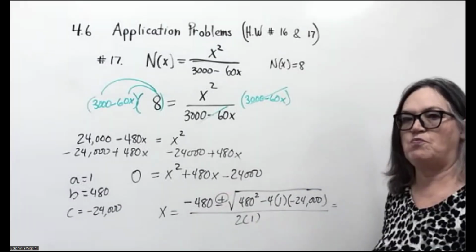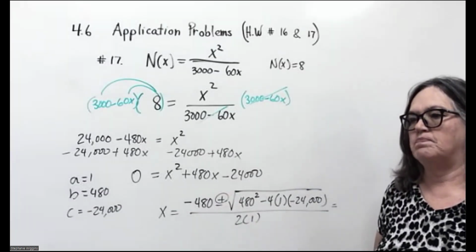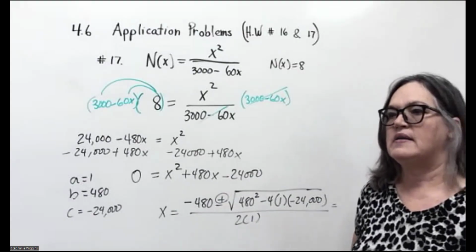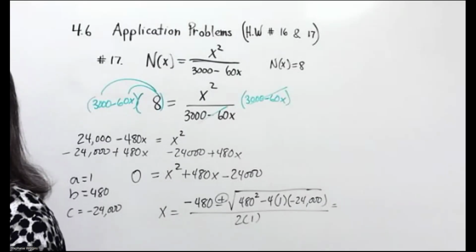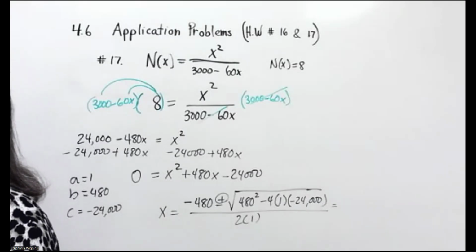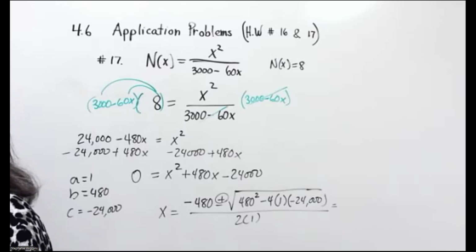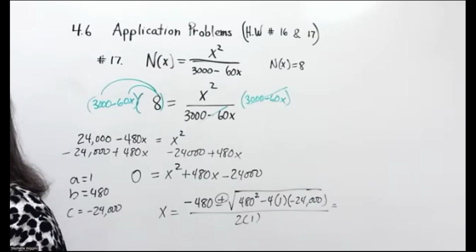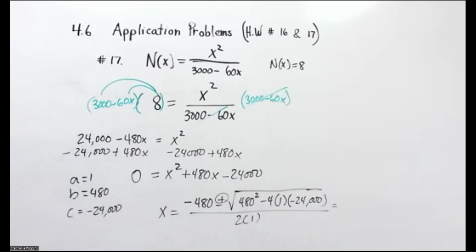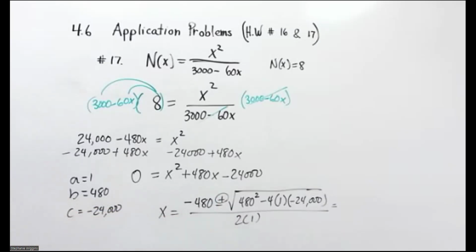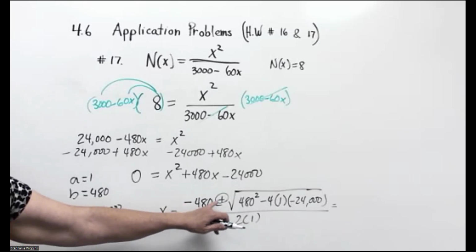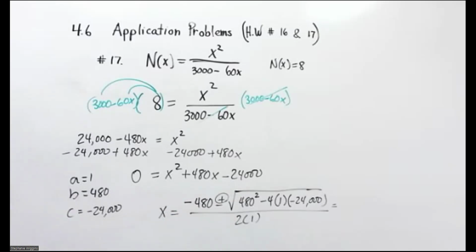I didn't calculate the negative because we know that x has to be positive. x is the number of cars, people arriving randomly at an average rate of x cars per hour, so you can't have a negative x. I use the plus because I've already got a negative here, and I better add a bunch to get a positive number.